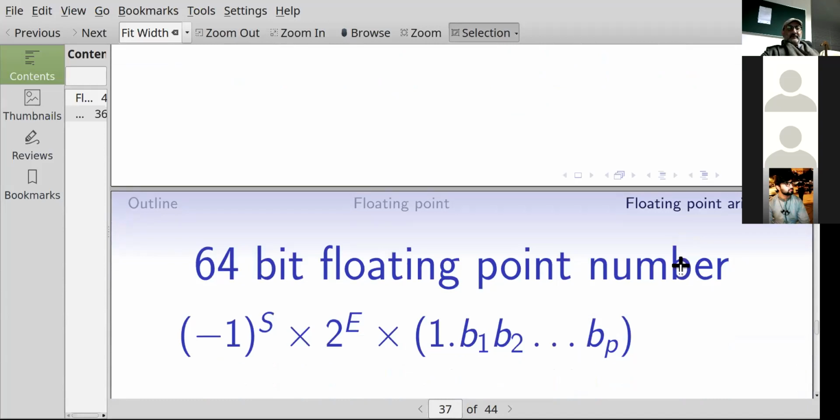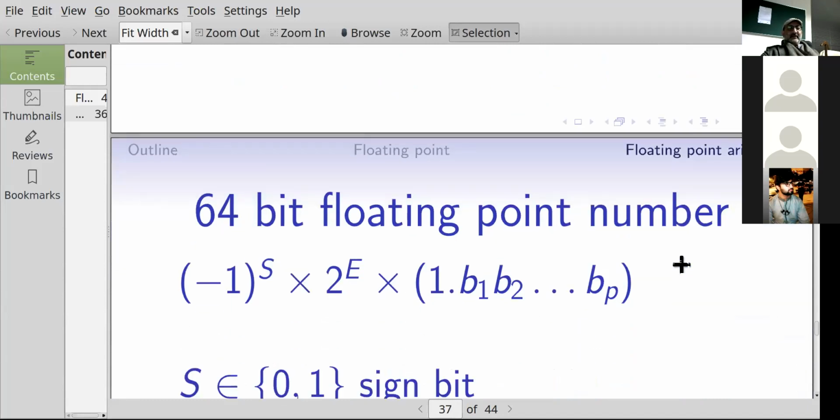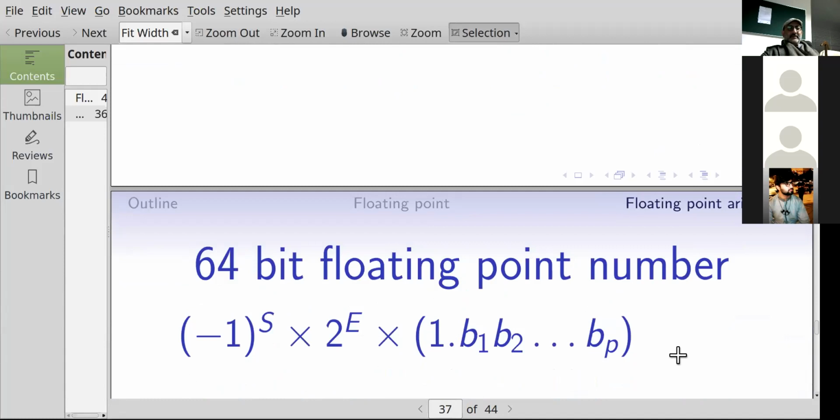All right. So this is what it's looking like. Our numbers, what is it that we're actually storing? So we've got -1 to a sign bit, so we're storing this sign bit S. Then we've got ×2 to an exponent, and we're storing that exponent E. And then we've got times a normalized mantissa, which always has a 1 in front of it.